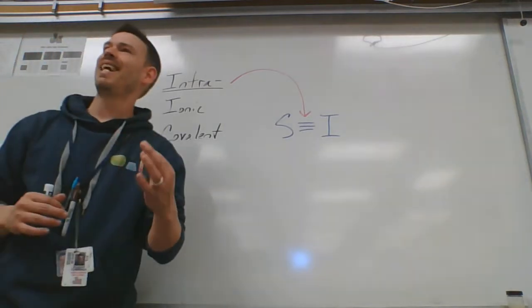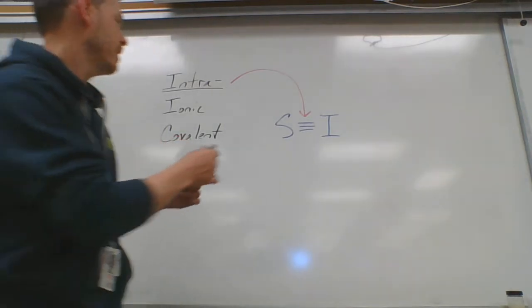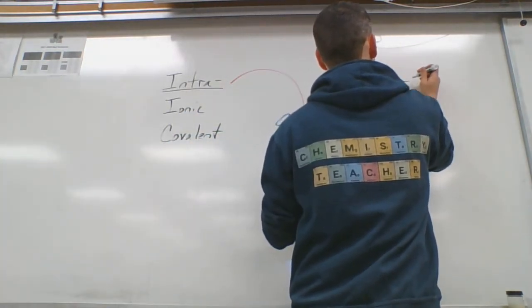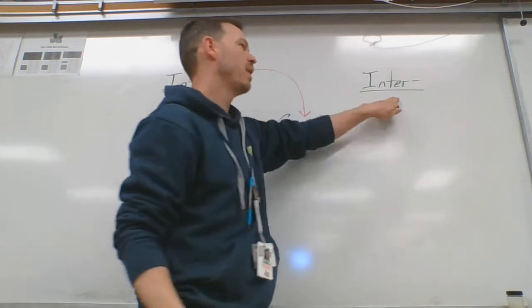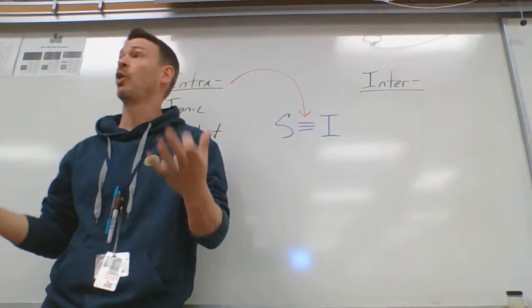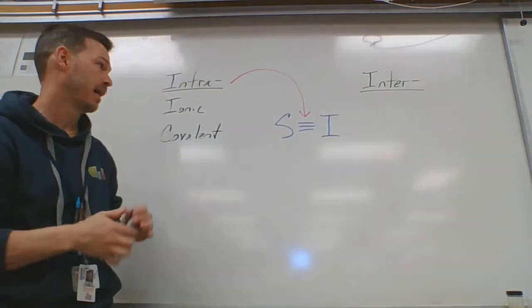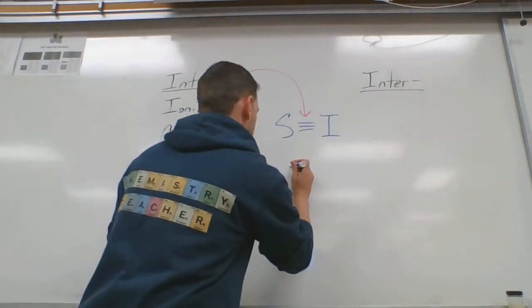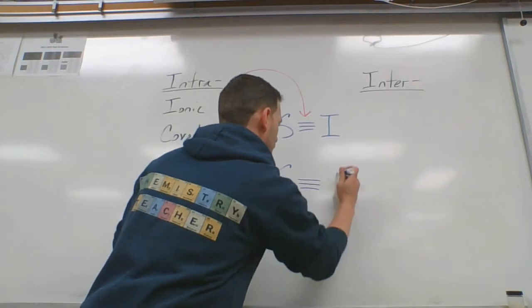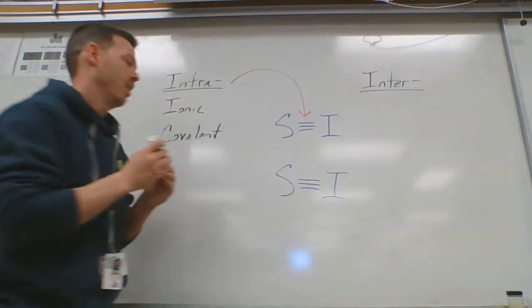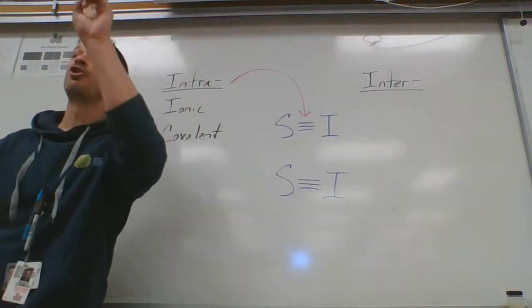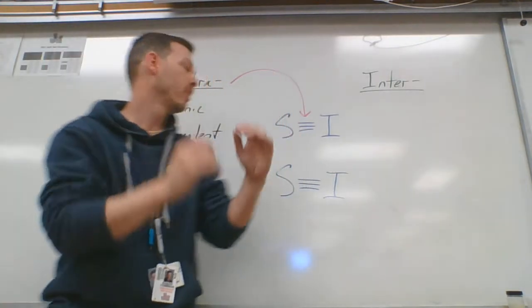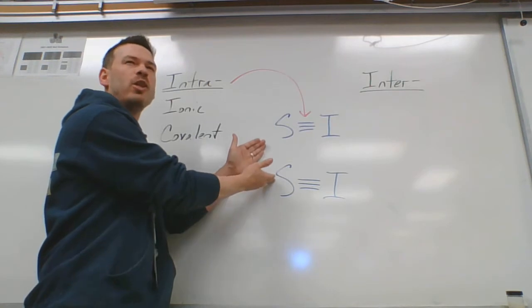Our focus today is something different. Our focus today is what are called intermolecular forces. There are 3 of them that I could list here, but we're about to go through them in depth, so I'm not going to finish that list. Here's the question we ask ourselves today: if there were 2 of these SI molecules floating around, what would make them be attracted to each other?